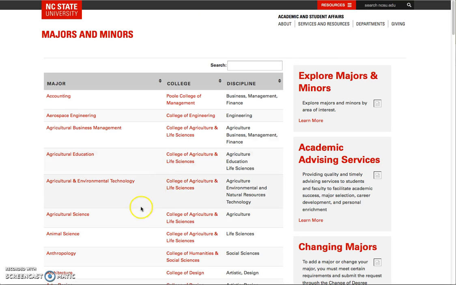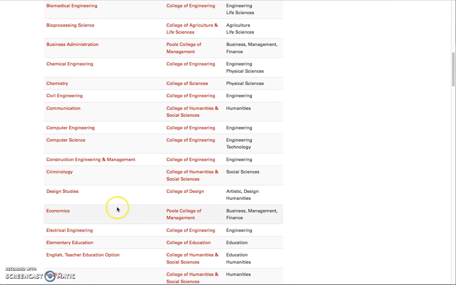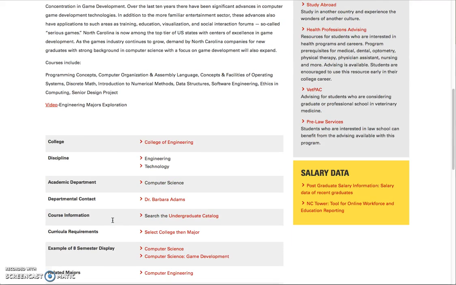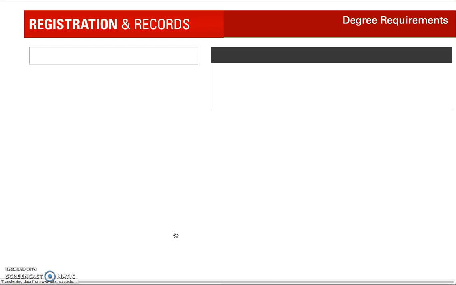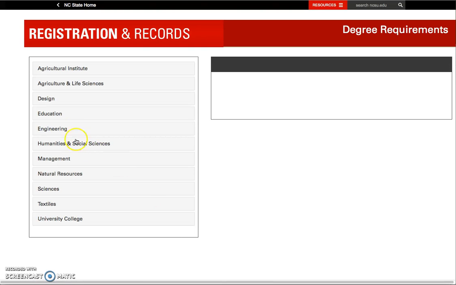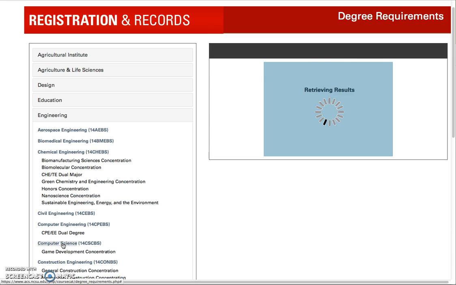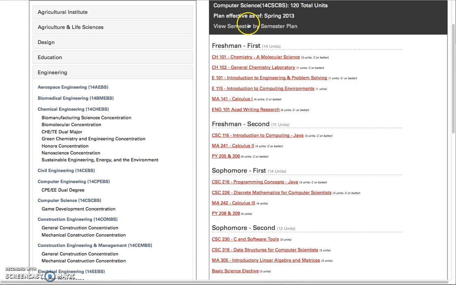And if we go to majors and minors, we can scroll down. So let's look at computer science. These are the courses that a student needs to take in computer science.